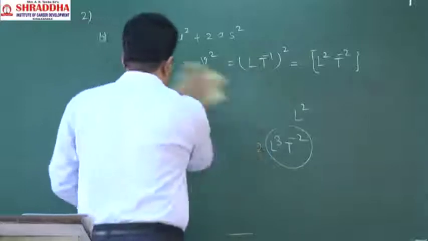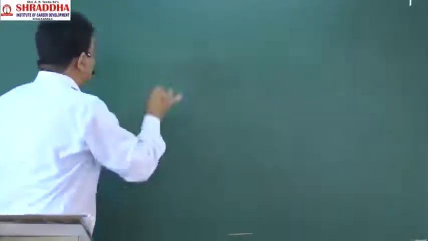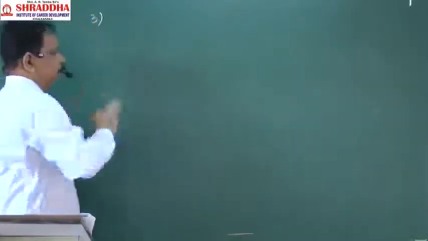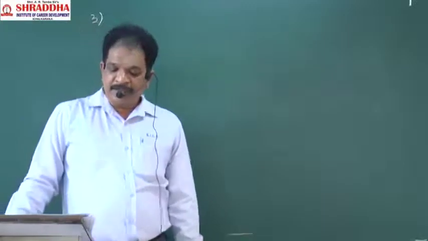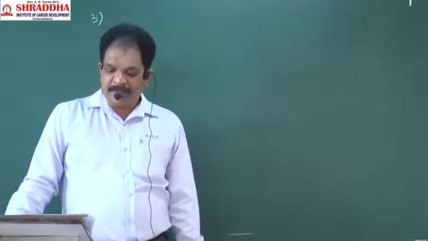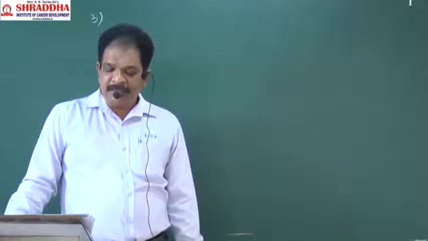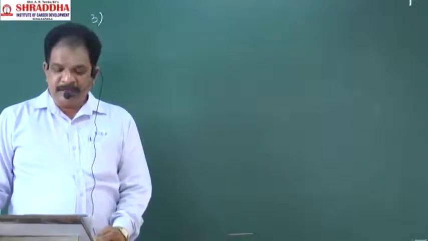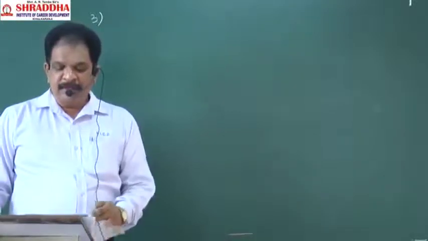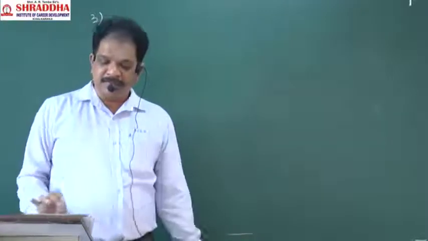Next, question number 3, you see what they are asking. The frequency of vibration of a wire under tension depends upon tension T, mass per unit length M, and vibrating length L of the wire. Using dimensional analysis, obtain the dependency of frequency on these quantities.